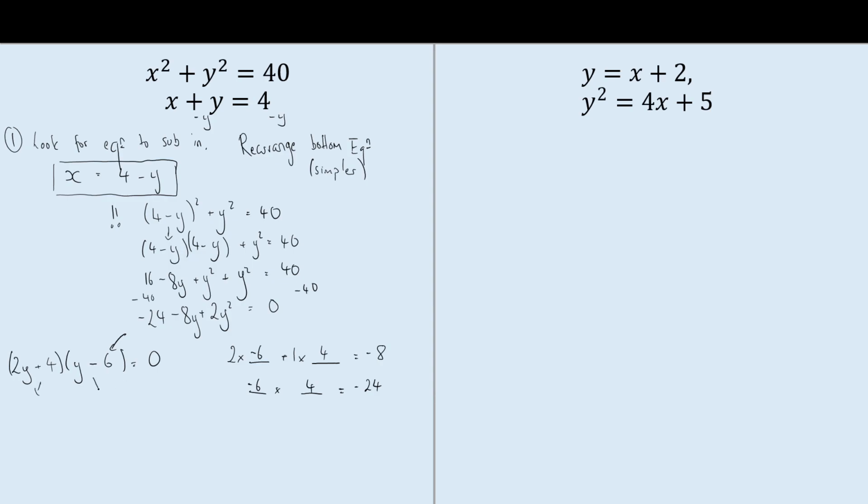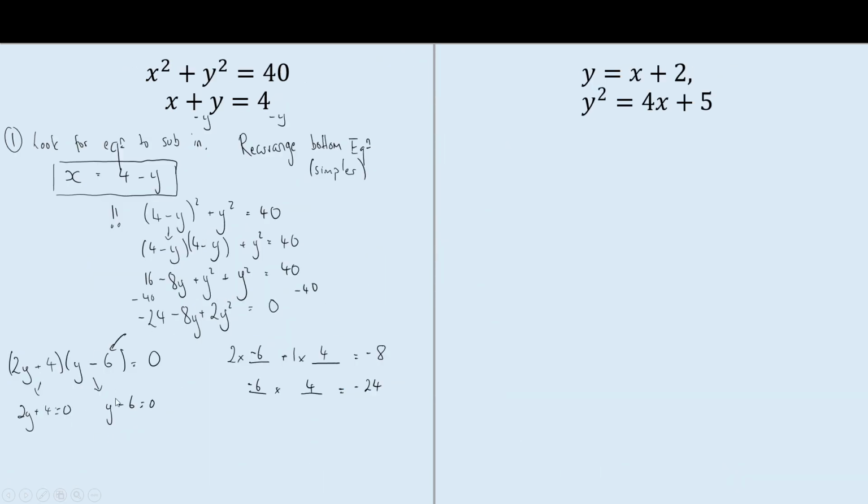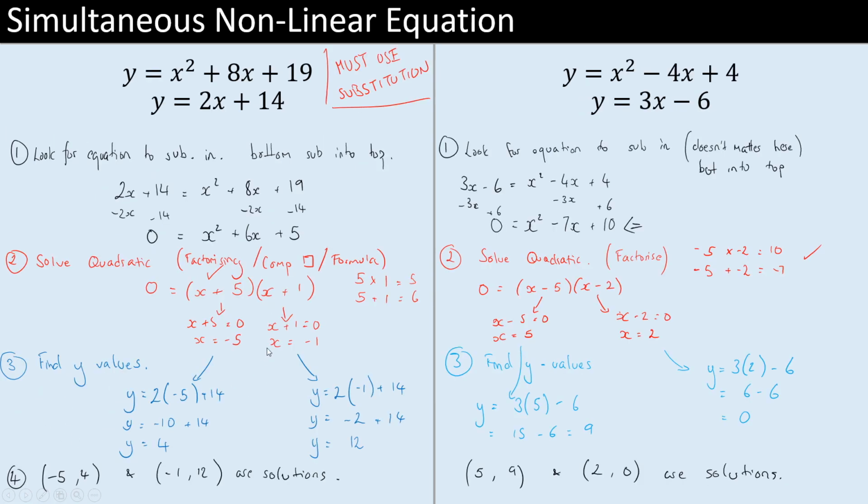Then we say, what if each bracket equals 0? So 2y plus 4 equals 0, or y take away 6 equals 0. Okay, and then from that point, the workings that we've got so far, that is this stage here.